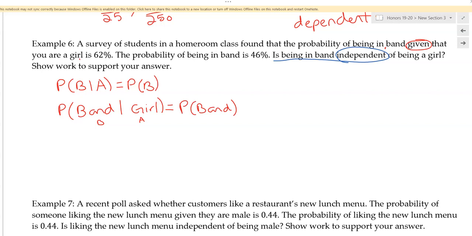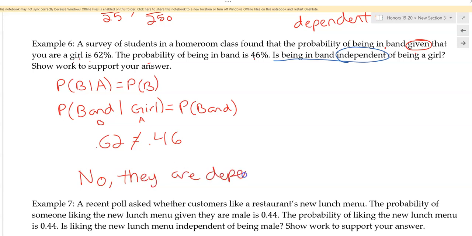So our given probability, band given girl, is 62%. And the probability of being in band is 46%. Oh, those are not equal. All of these are dependent today. No, they are dependent. Okay, so these ones are a little easier. It's just if one thing's equal to the other.